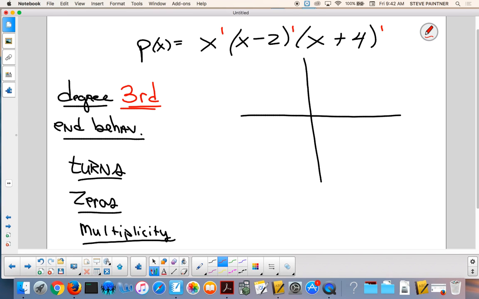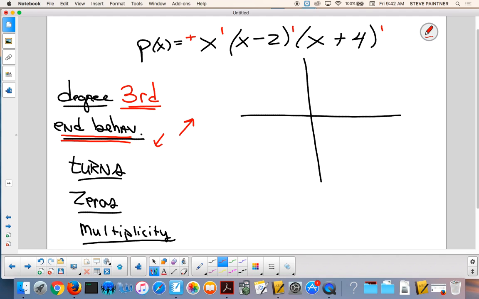It's a third degree polynomial. Now, does that help you when it comes to end behavior? Odd functions act like parabolas, or do they act like lines? Lines. Is the line going up or down? I'm going up, because positive. It's going to go down on the left, up on the right.